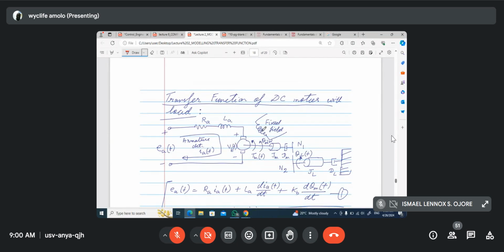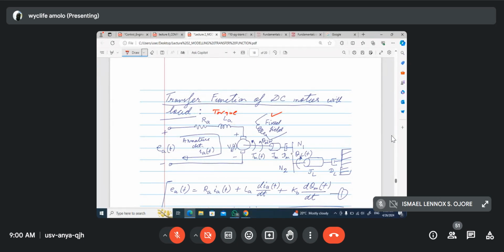Now the DC motors with the gears. This one is supposed to give you the torque. The machine, the motor, is supposed to give the torque. And the machine is field-excited. There must be a field to excite.